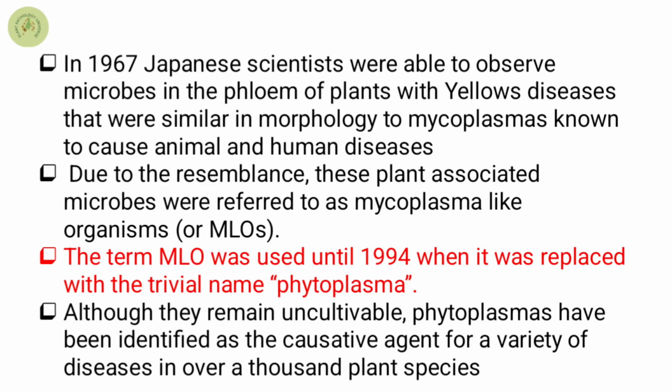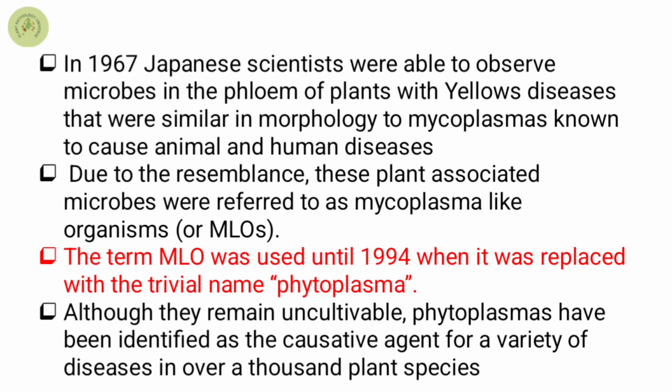Now this is the history that we are talking about. In 1967, Japanese scientists observed microbes in the phloem of plants having yellows disease. Now it is well known that whenever we are talking about yellows disease, it is mostly associated with your phytoplasmas, right? So in 1967 they observed that the phloem of the plants was infected with yellows disease, and the causal organism found associated with the disease was similar in morphology to mycoplasmas.